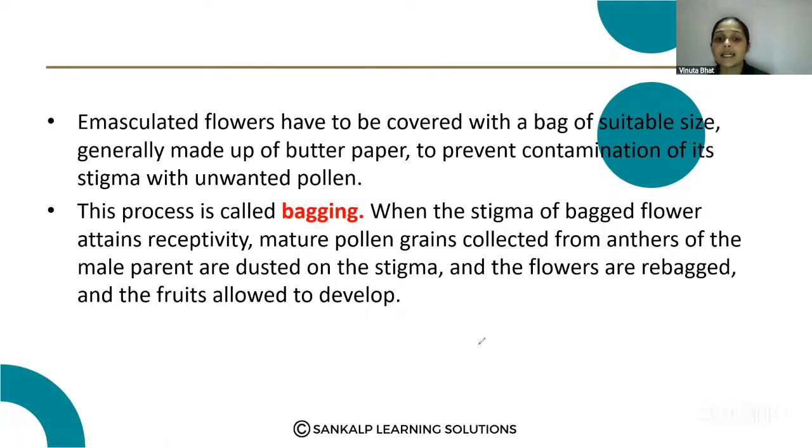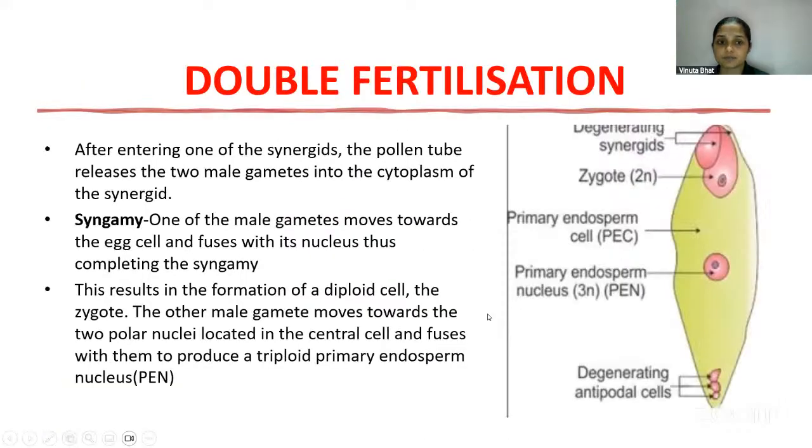Bagging prevents contamination of the stigma. When the stigma becomes receptive, the pollen grains are collected, dusted on the stigma, and rebagged. Bagging prevents the stigma from contamination. So those are the two main steps of artificial hybridization.